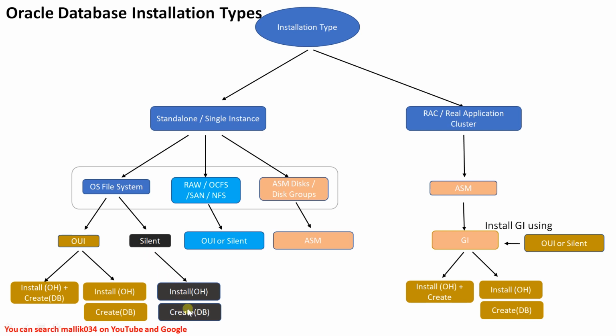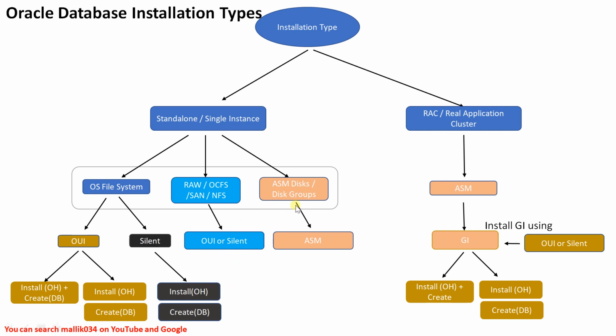It's a silent mode installation. And then coming to NAS storage or NFS storage, in this file system type also, you can go with the OUI or silent mode. Whatever options I explained here, all these options are applicable on NFS or NAS. In this file system also, all these options are applicable.